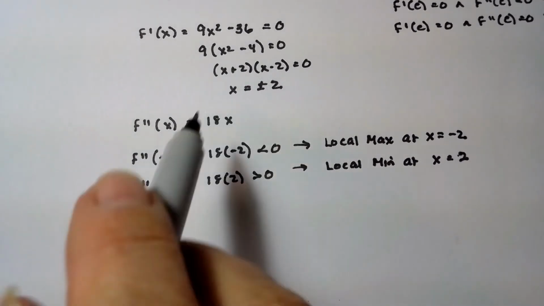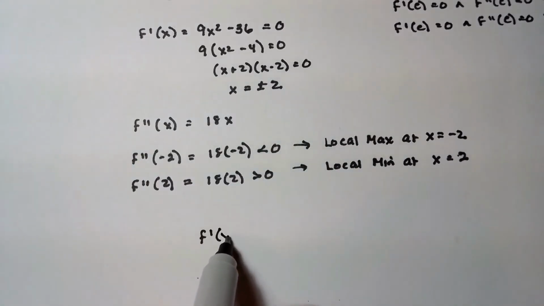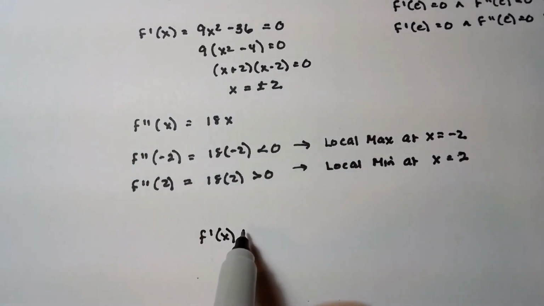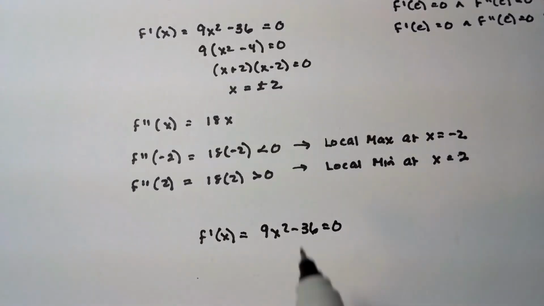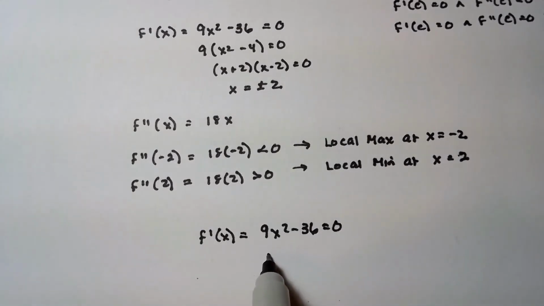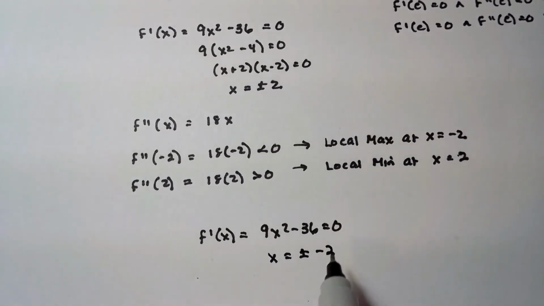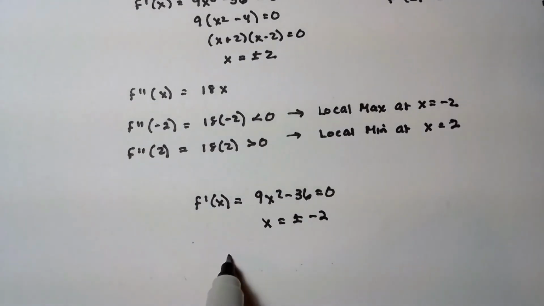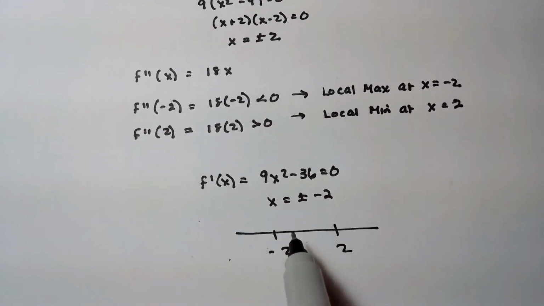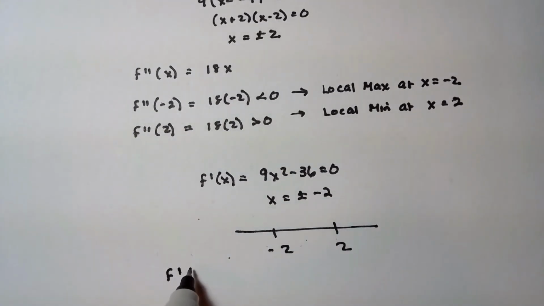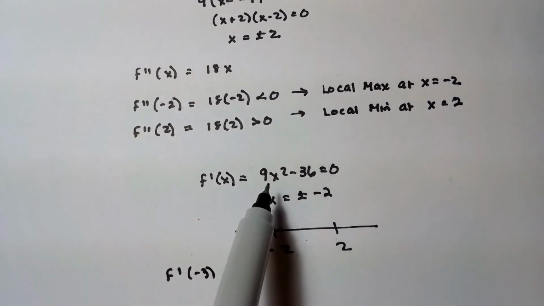So if I look at the first derivative again, which is 9x squared minus 36 equals 0, again, I can factor this down to x equals plus or minus 2. Those are my critical numbers. So all I have to do is put those on a number line and test the first derivative on the left and the right. If I test at, say, -3, I'm going to have a big positive, right?